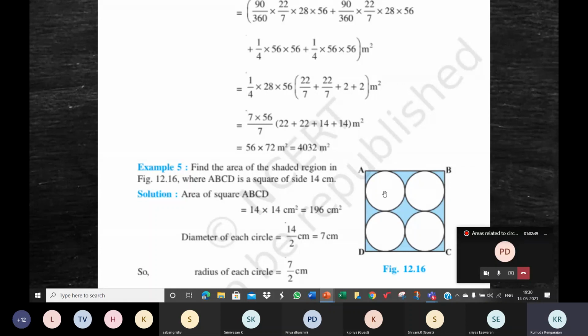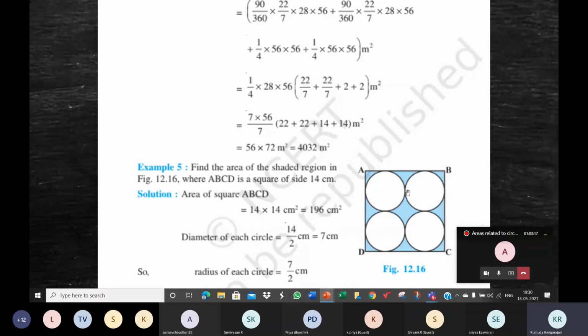Now what is the radius of the circle? 7, ma'am. Please think again. Radius. 3.5. Radius is 3.5 because, let's just take up the diameter. See, from here to here diameter, from here to here diameter.